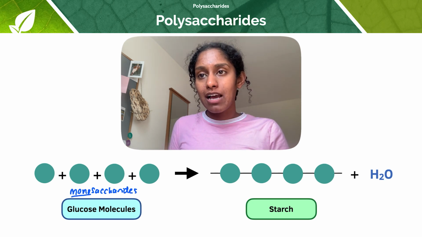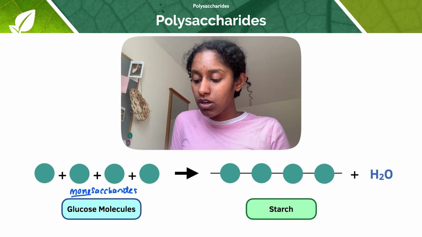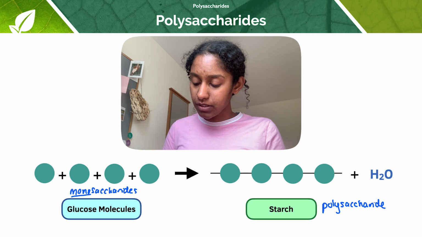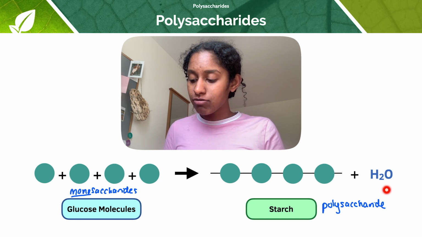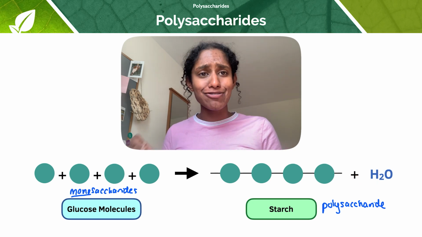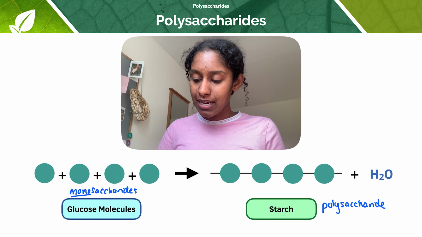And many monosaccharides join together in a condensation reaction to form a polysaccharide. So the example we've given here is starch. Starch is a polysaccharide. And remember, in a condensation reaction, we're always forming water. I've banged on about this in previous tutorials because it's really important. So we're always getting that plus H2O.